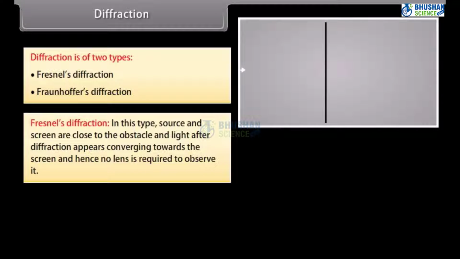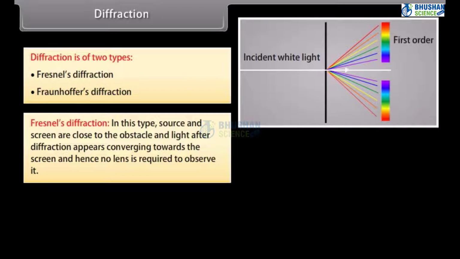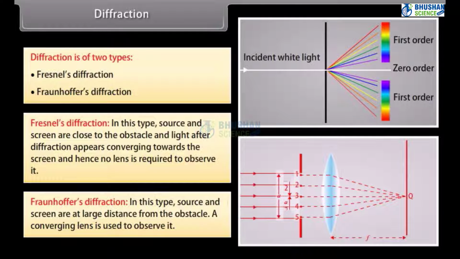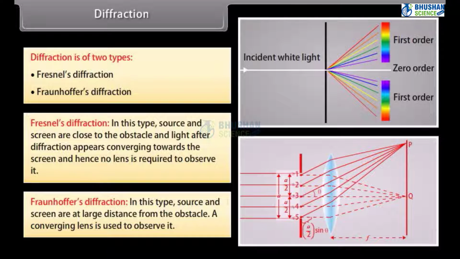In Fresnel's diffraction, source and screen are close to the obstacle and light after diffraction appears converging towards the screen, and hence no lens is required to observe it. In Fraunhofer's diffraction, source and screen are at a large distance from the obstacle. A converging lens is used to observe it.